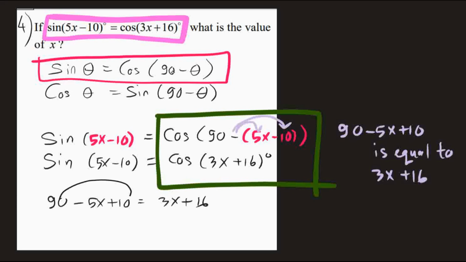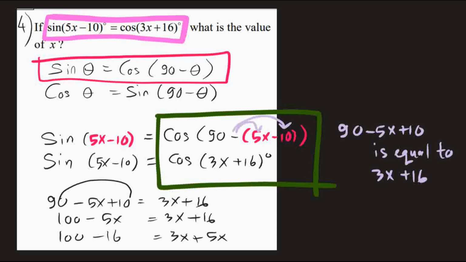So 90 plus 10 is 100, minus 5x, equals 3x plus 16. Now I move 16 to the left, so 100 minus 16 equals 3x plus 5x.